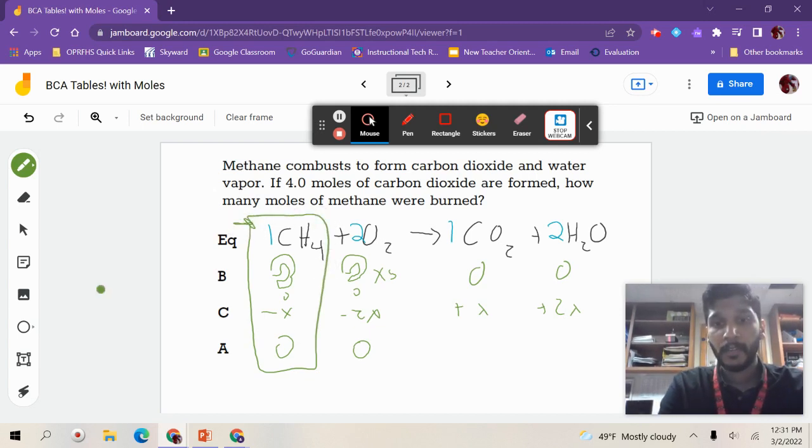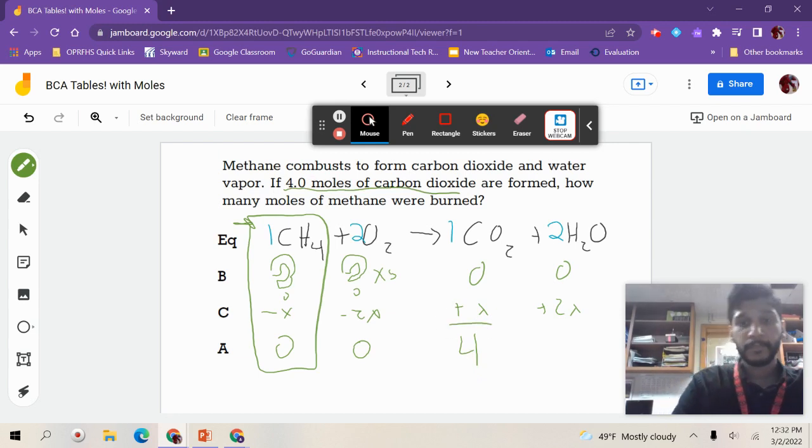So we're trying to figure this out. Carbon dioxide afterwards, we got it right here, right? We got 4 moles of CO2 formed. It doesn't tell us anything about water. So from here, we should see that X equals 4. We know that methane's going down by X to 0. If X is 4, right?